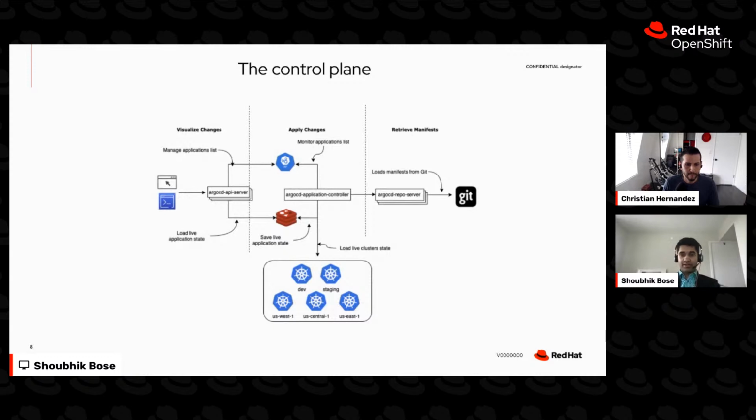If you are an admin who has installed OpenShift GitOps so that your other admins can configure GitOps for the cluster, or if you are an admin who's allowed other developers to install their own Argo CD instances, you would definitely be concerned about one thing.